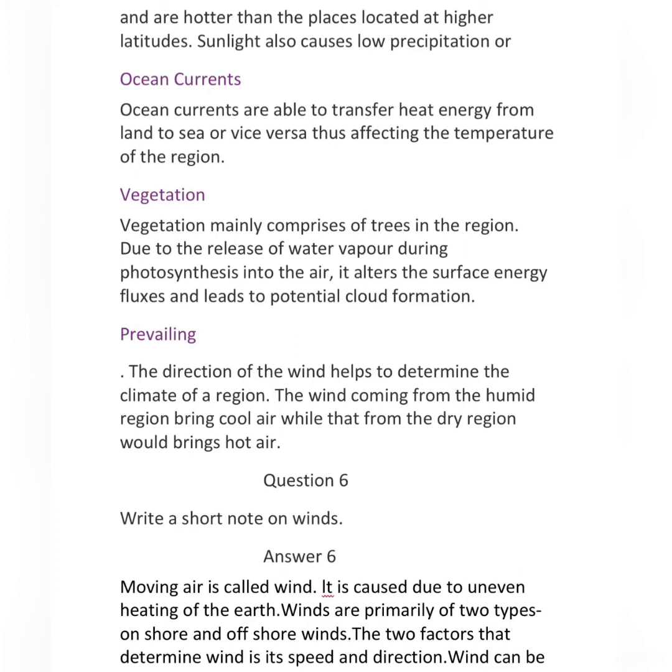Vegetation. Vegetation comprises trees in the region, which release water vapors during the process of photosynthesis. It changes the surface energy and leads to cloud formation. Prevailing winds. The direction of wind helps to determine the climate of a place. The wind coming from a humid region brings cool air and the wind coming from a dry region brings hot air.